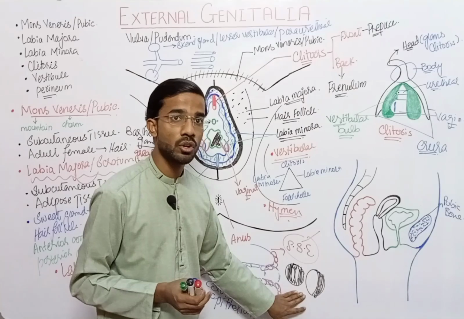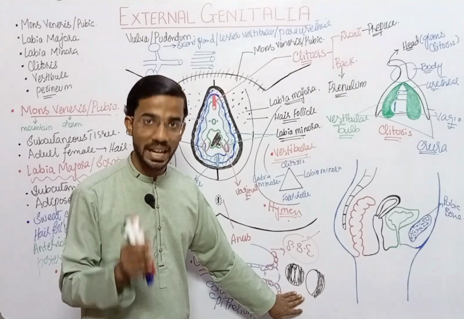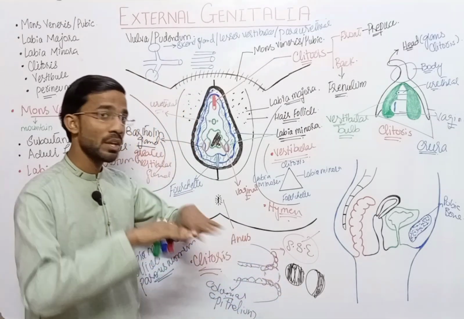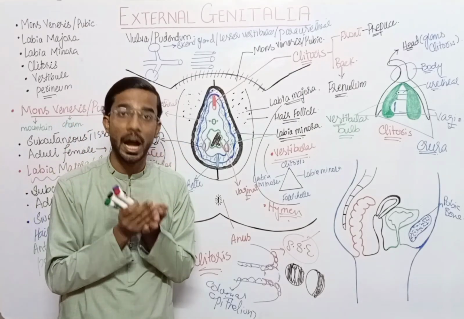So in non-parous, or you can say virgin or nulliparous women, you will see that the vaginal introitus is covered by the hymen.